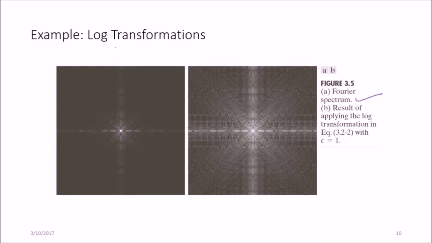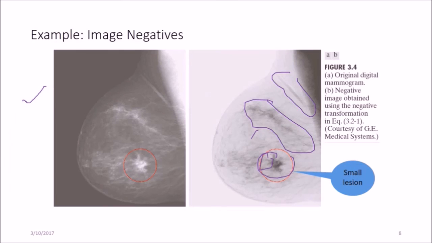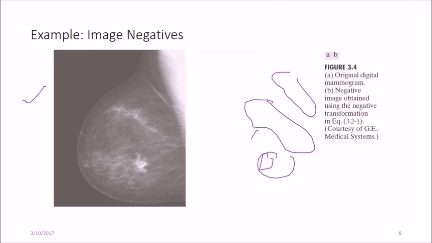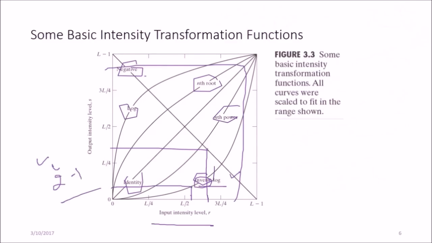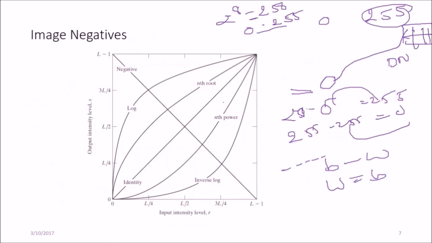This is nothing but an example of log transformation, but here we see the Fourier transform, and this is the result of applying the log transformation with C equal to 1. There are various equations, as we have just seen.